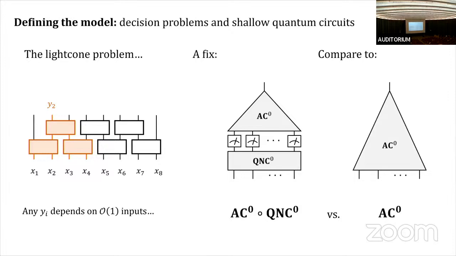So I contend this comparison is a natural one. For example, AC0 composed with QNC0 contains AC0. So we can just ask about how much larger the class of decision problems is for the left class. And also it's concrete enough that some things should be within reach technically.